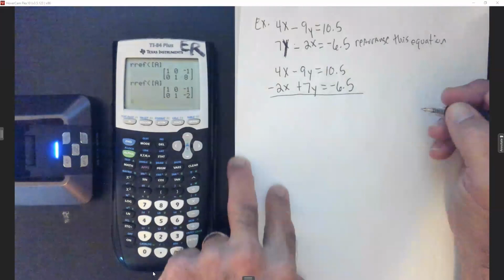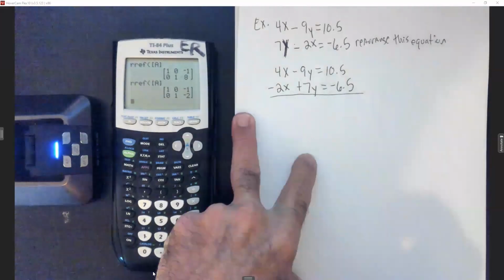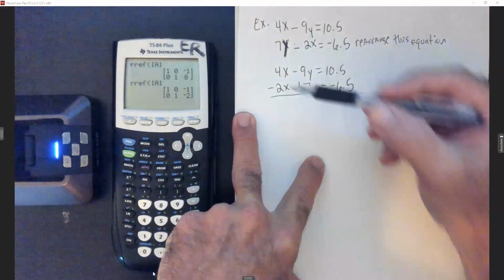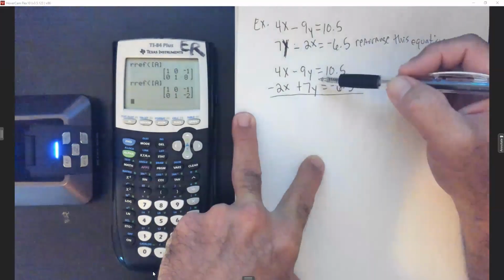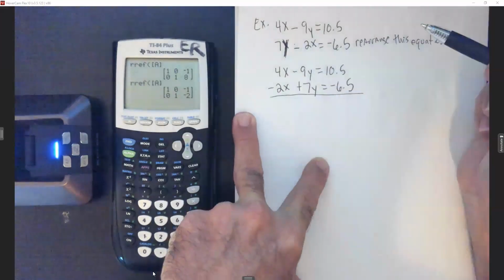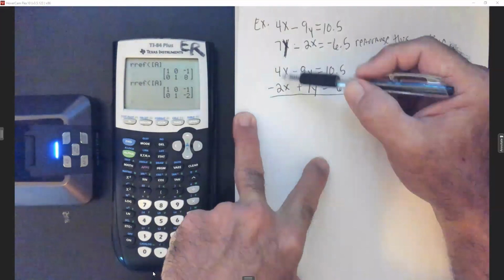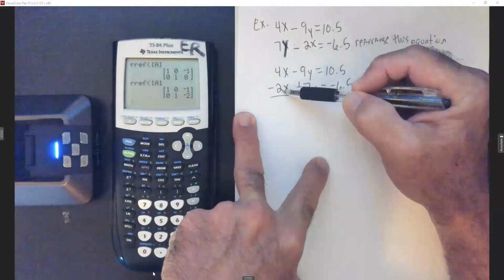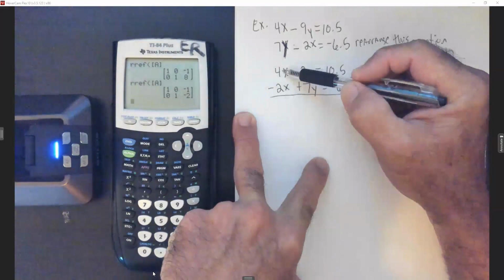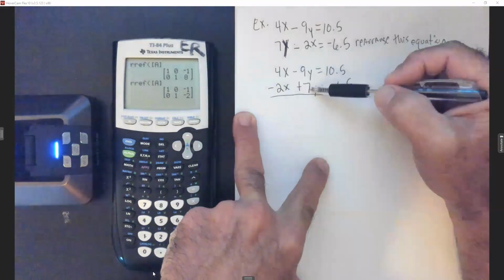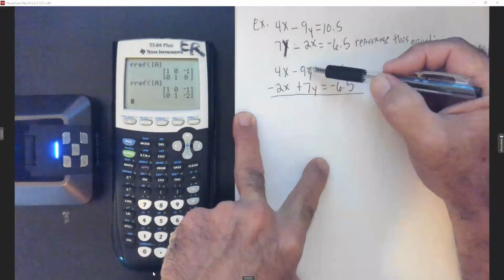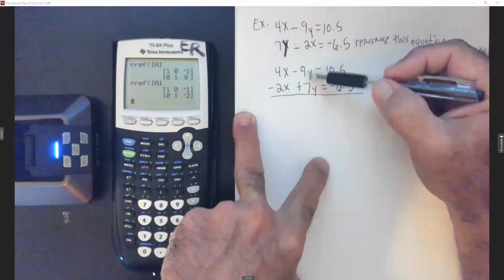So I'm looking at this. I can't get rid of the x's. I can't get rid of the y's right off the bat. So I'm looking at which ones might be easier to change. And I'm looking at these x's because I can turn this into a negative 4 pretty quick. That'll cancel with a positive 4. If you did this one, you'd have to find the smallest number that 9 and 7 would both go into.